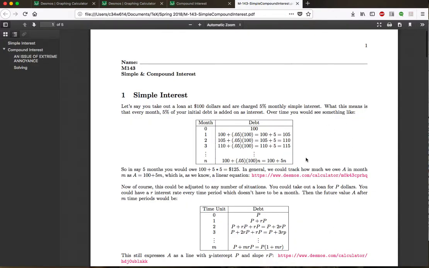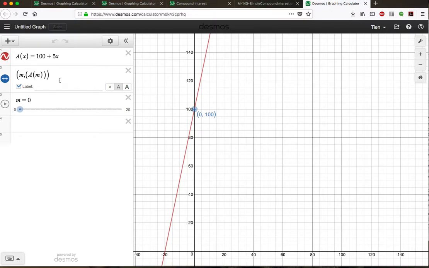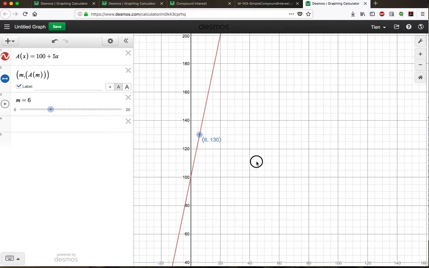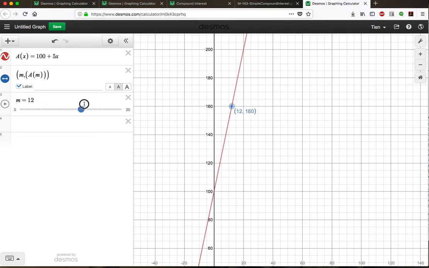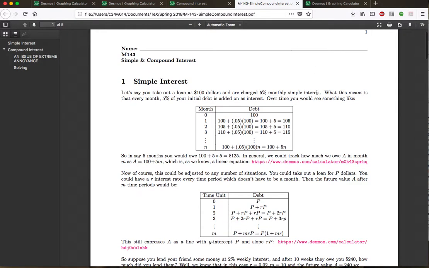And if you are reading the document, then you can go ahead and look at exactly that line here. And if you want to change it around and see how much money you owe in what month, you can just drag this around and you can see that. So in 14 months, you would owe $170. So simple interests are simple because they're just linear equations.